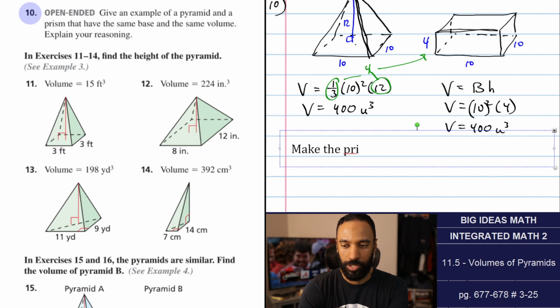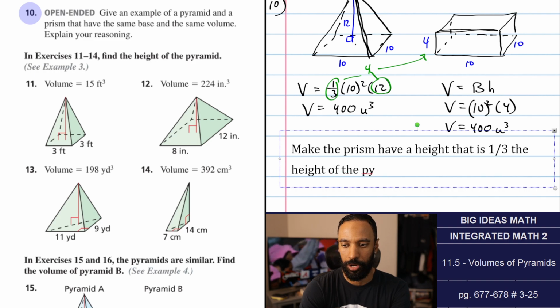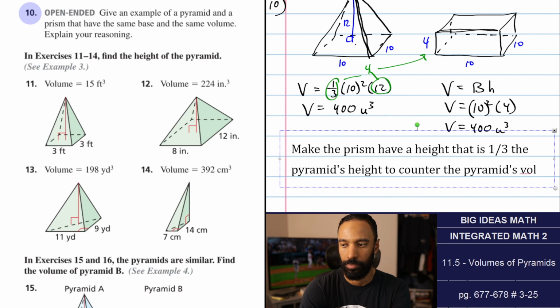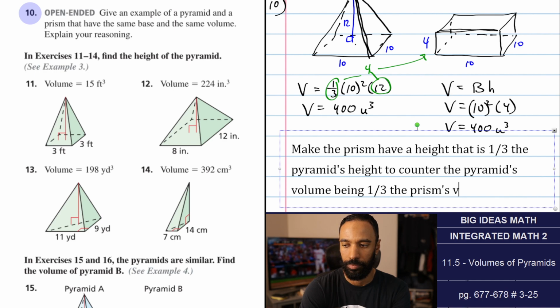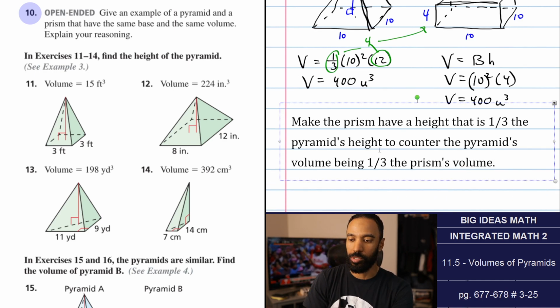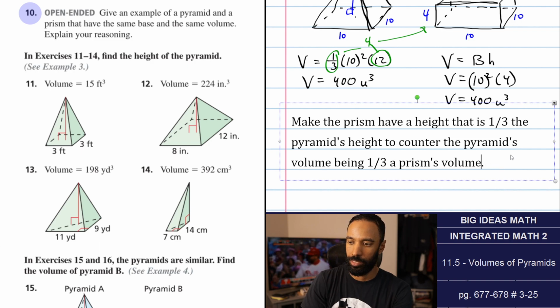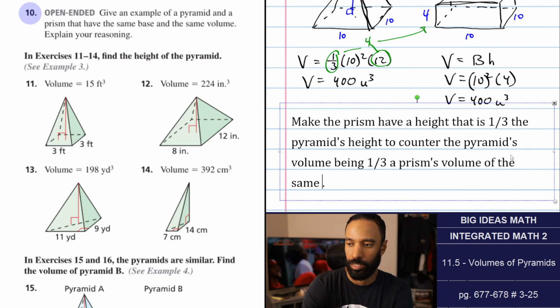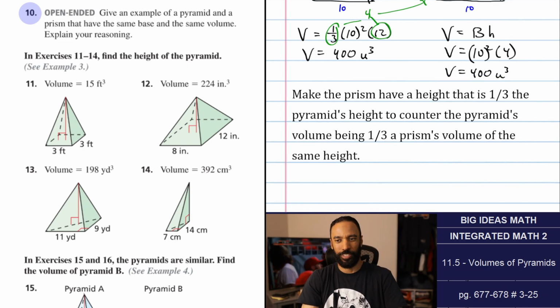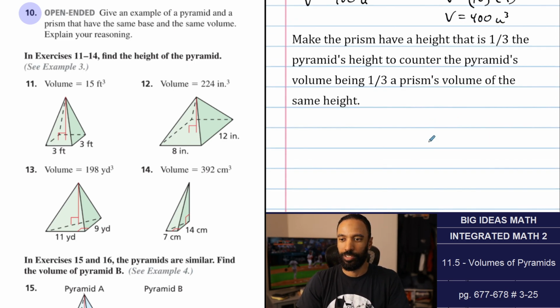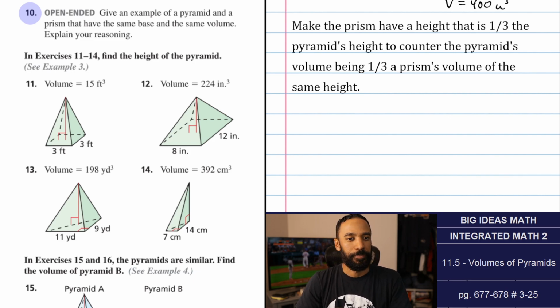Make the prism have a height that is 1/3 the pyramid's height, to counter the pyramid's volume being 1/3 the prism's volume of the same height. All right, number 11.